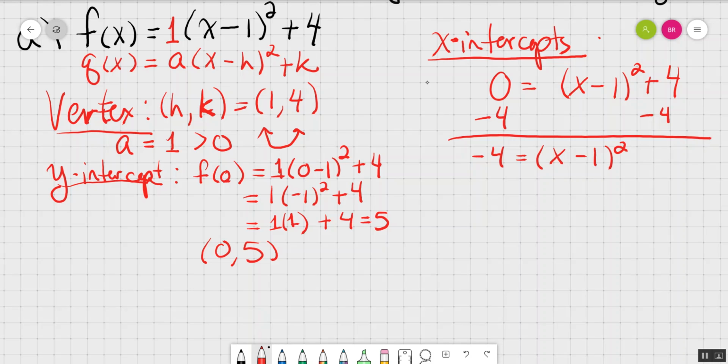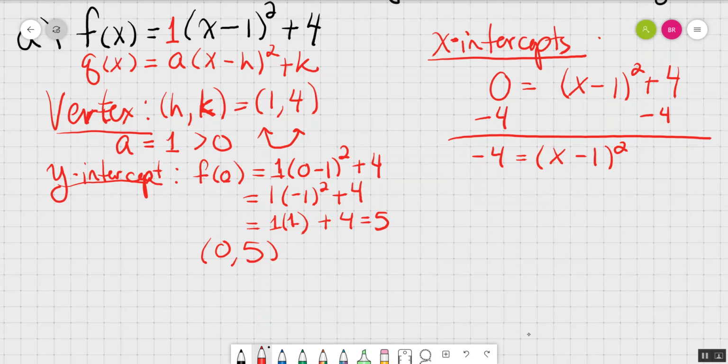I'm now going to use the root property to solve this. So this would mean that the quantity x minus 1 is equal to the square root of negative 4, or x minus 1, oops, I have to make space for this. Will it let me pick this all up and move it over? The answer is no, but it'll let me make a t out of it.